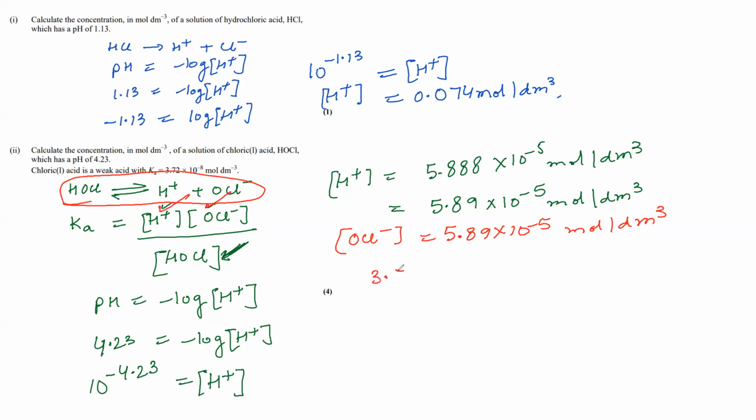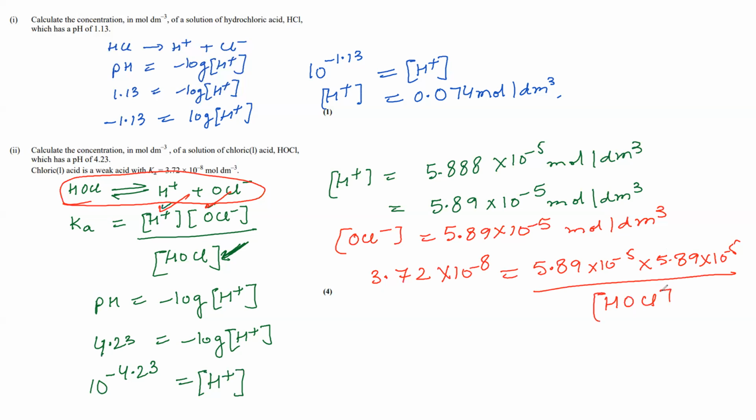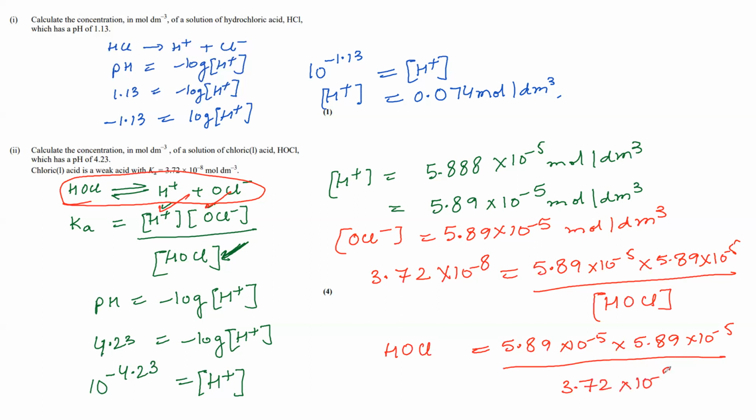So Ka is 3.72 into 10 to the power negative 8 equals 5.89 into 10 to the power negative 5 times 5.89 into 10 to the power negative 5, divided by the concentration of HOCl. So HOCl would be equal to 5.89 into 10 to the power negative 5 times 5.89 into 10 to the power negative 5, divided by 3.72 into 10 raised to power negative 8.